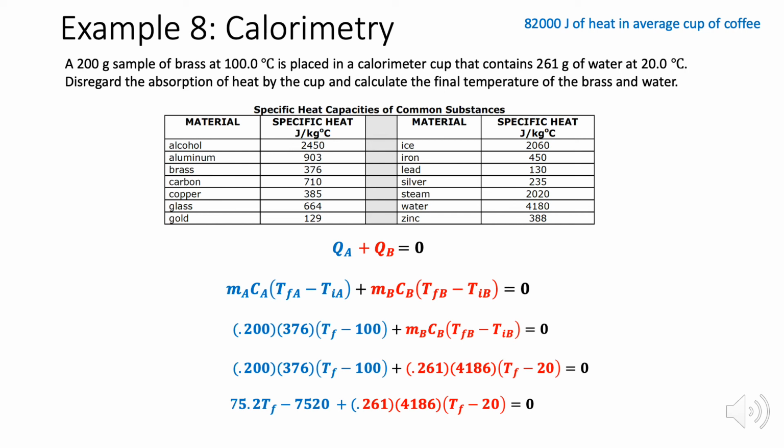Now let's distribute for the water. When I distribute for the water, I'll get 1,092.55 TF minus 21,850.92. Let's combine the TFs and let's combine the constants, and you should get this.